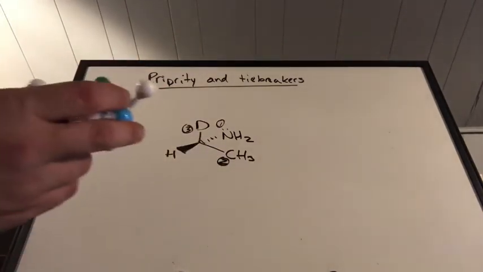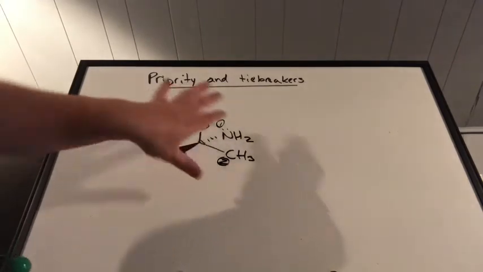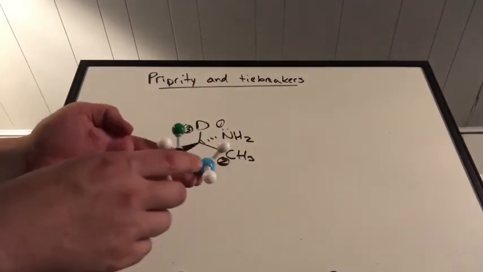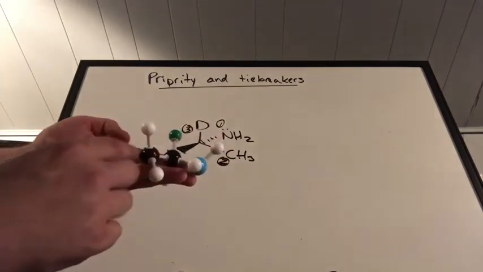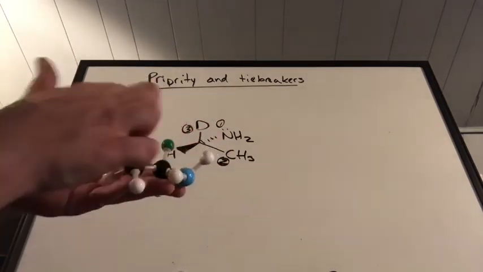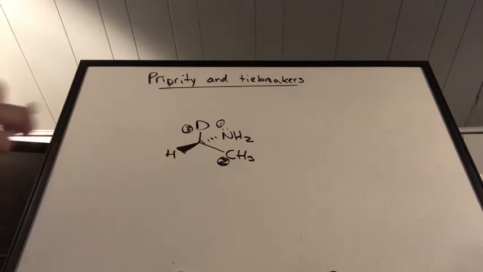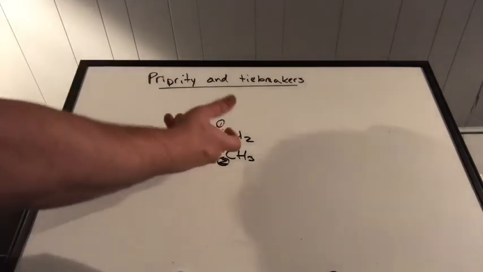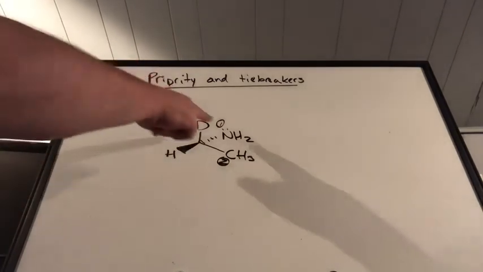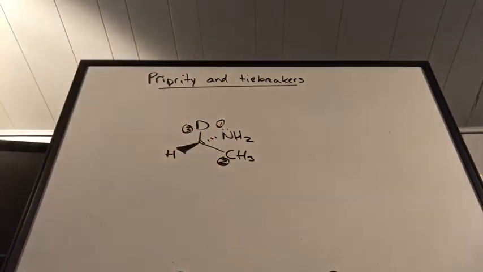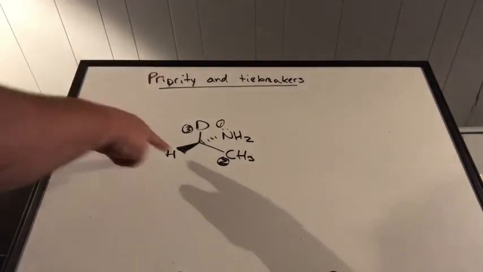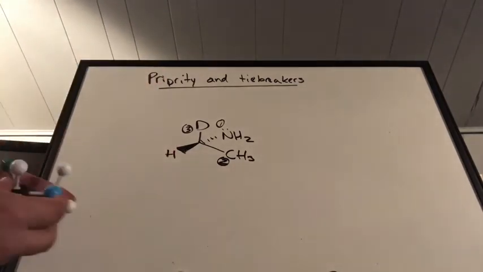Okay, so in other words, even if we turn this around, we're still going to have this particular configuration. You can't always rely on just twisting things or saying, oh, hey, it looks like it's R. It's got to be flipped around, since this is in the front. Not necessarily, okay?